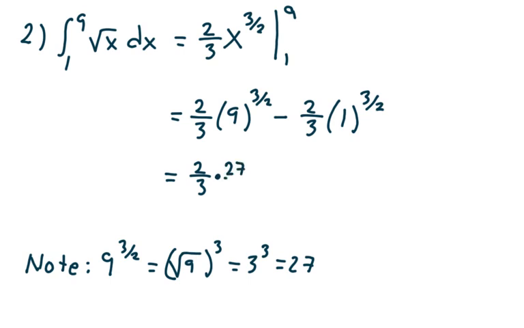If you don't mind, I'm going to write this as 27 over 1 minus 2/3. Okay? So this is 54/3 minus 2/3.